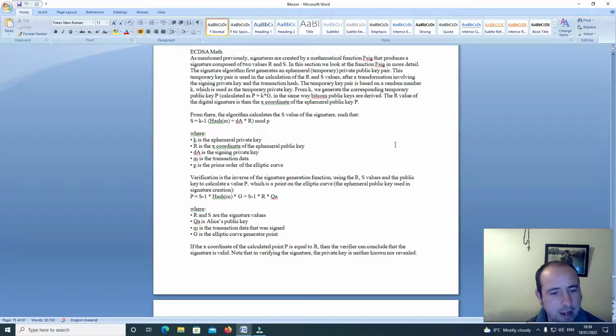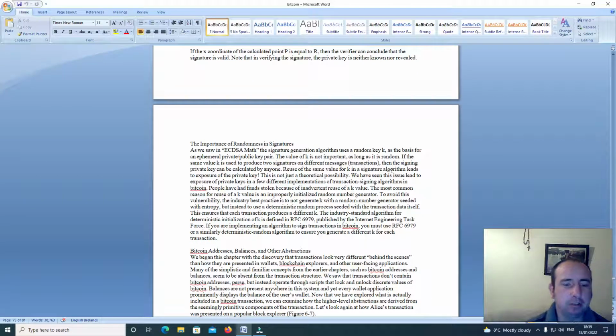P equals S^-1 * Hash(M) * G + S^-1 * R * Qa, where R and S are the signature values, Qa is Alice's public key, M is the transaction data that was signed, and G is the elliptic curve generator point.